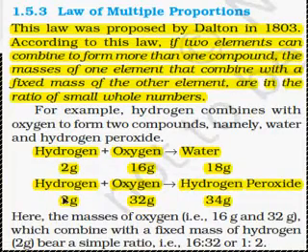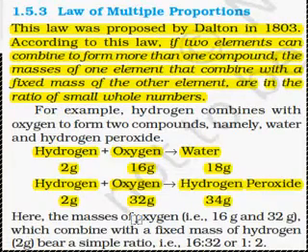Now here the hydrogen mass is fixed, that is 2 gram, whereas 16 gram of oxygen combines with 2 gram of hydrogen to give you 18 gram of water, whereas 32 gram of oxygen combines with 2 gram of hydrogen to give you 34 gram of hydrogen peroxide.